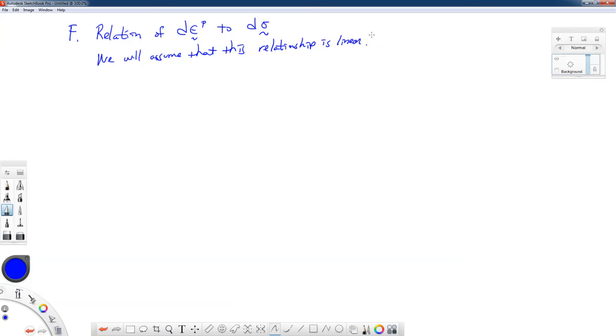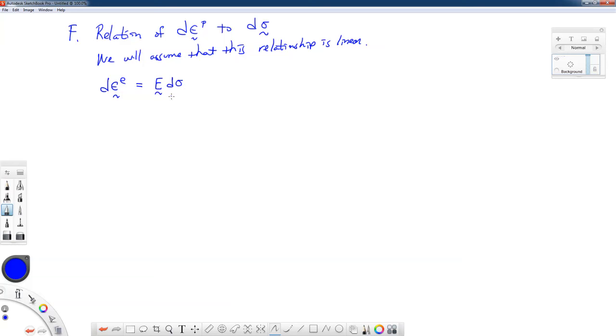There could be other assumptions, but we know if we were to take a look at the elastic strain increments, we could relate that with the fourth order tensor, elasticity tensor, to the stress increments.